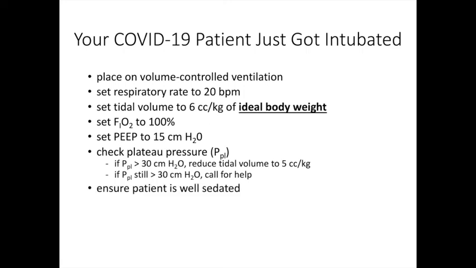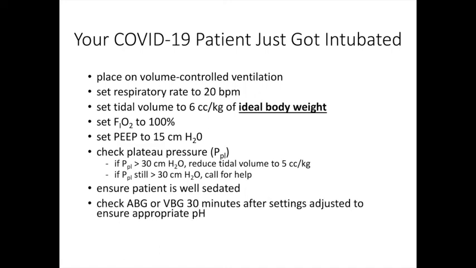Ensure your patient is well sedated, and check an ABG or VBG about 30 minutes after settings have been adjusted to ensure that the pH is appropriate. If the pH is less than 7.2, increase the respiratory rate. The maximum respiratory rate you can set is 35 breaths per minute.